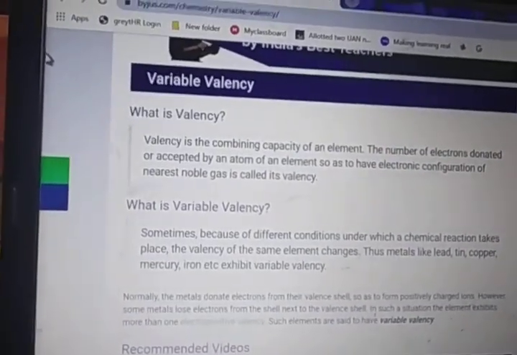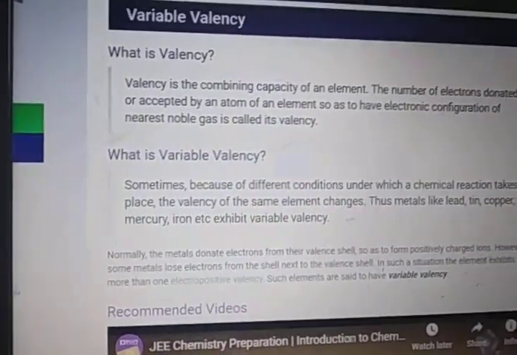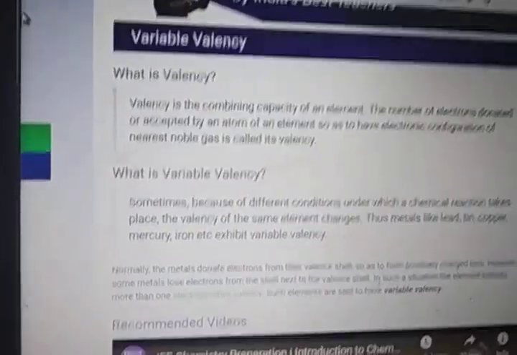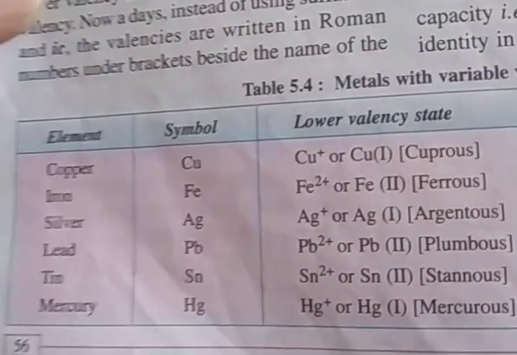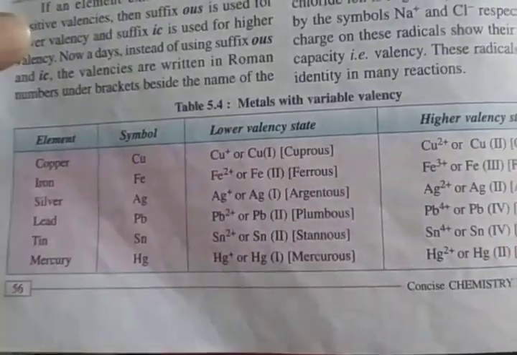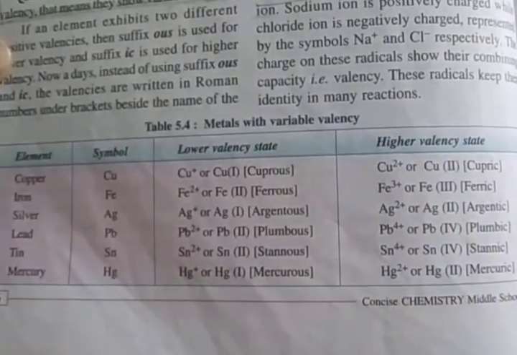Okay, so we can say that iron has a valency of +2 and +3. Similarly, copper, under different conditions, shows a valency of +1 and +2. We have other elements also which show variable valency.